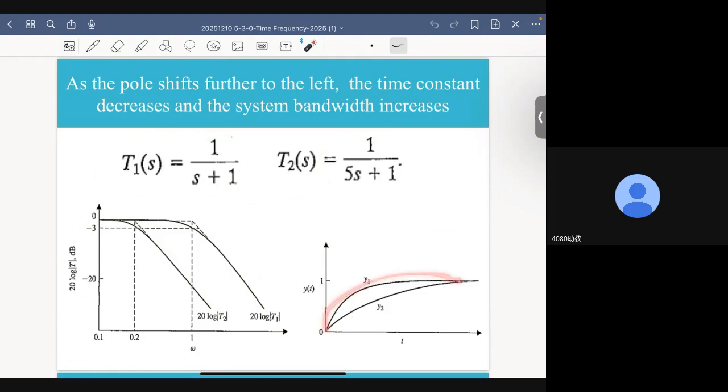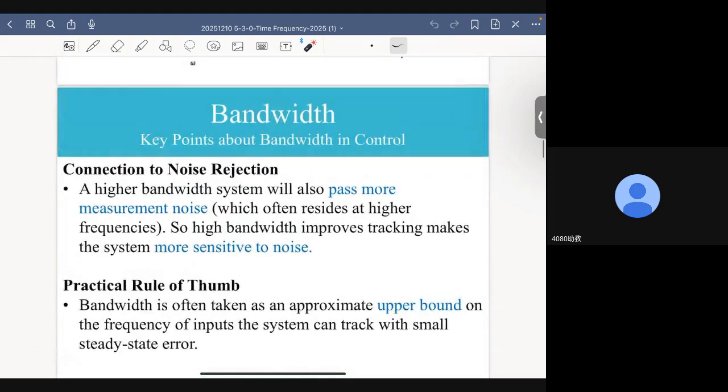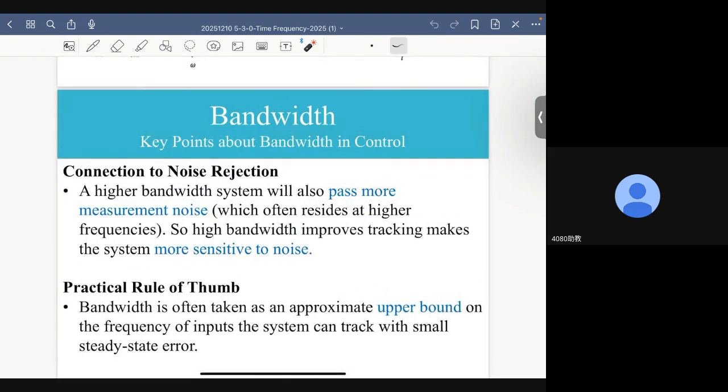Okay, so as the pole shifts further to the left, that is further away from the imaginary axis, the time constant decreases and the system bandwidth increases. Okay, now, bandwidth, there are some important key points that we need to be aware of.